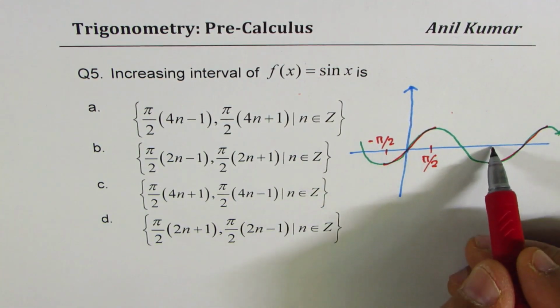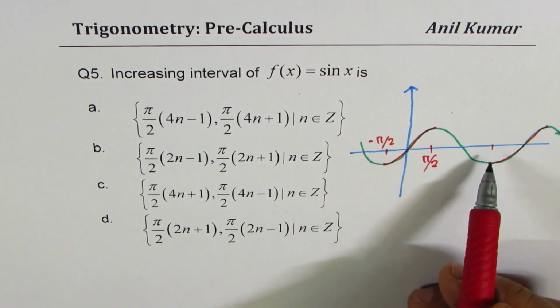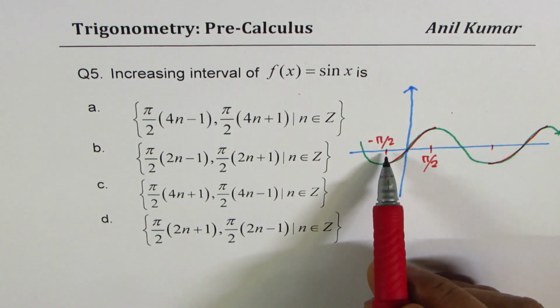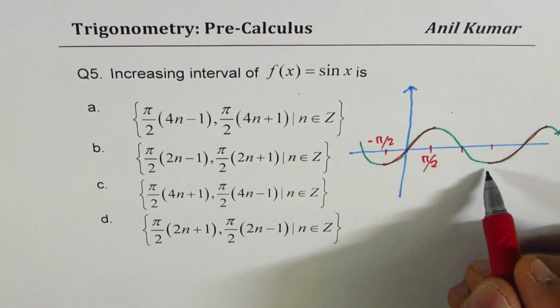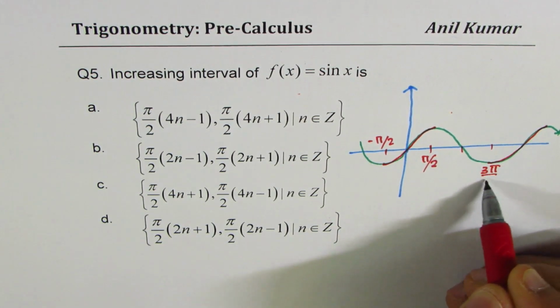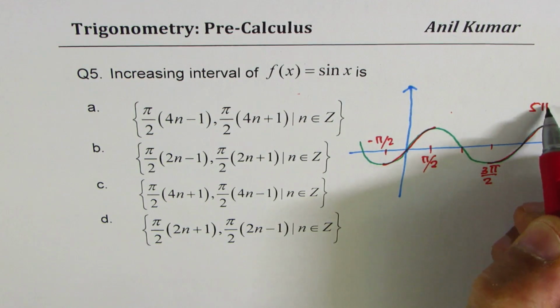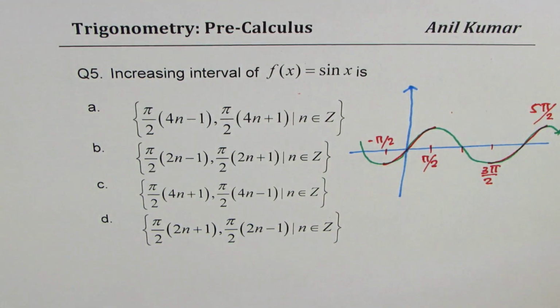And then this point here is how much? So it is like 1 pi by 2, 2 pi by 2, 3 pi by 2, right? So let's write this as 3 pi by 2, 4 to 5 pi by 2, right? So that is how a general solution could be seen, right?